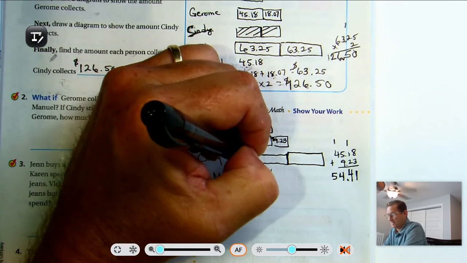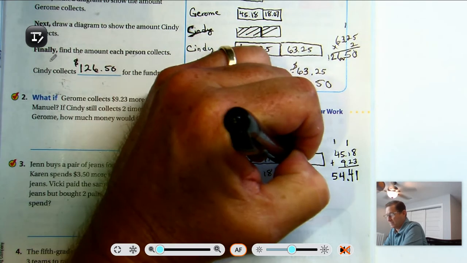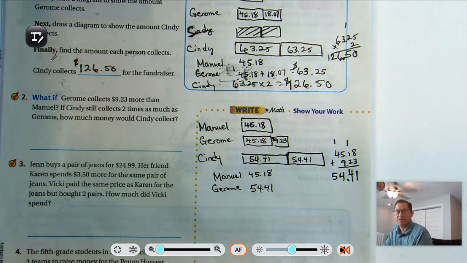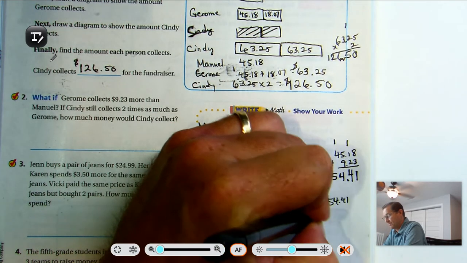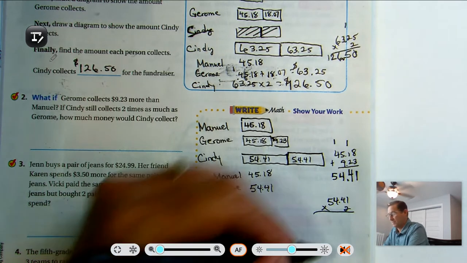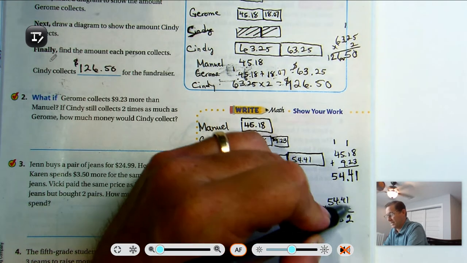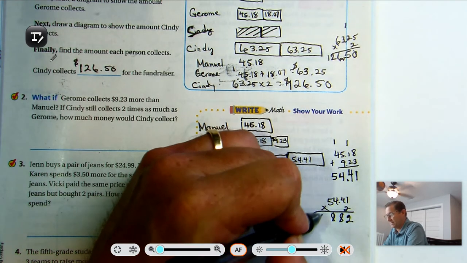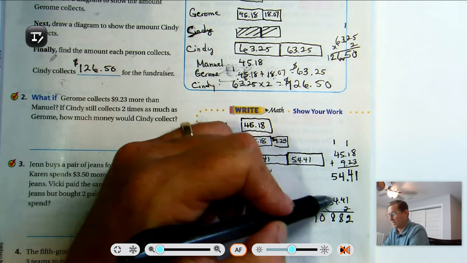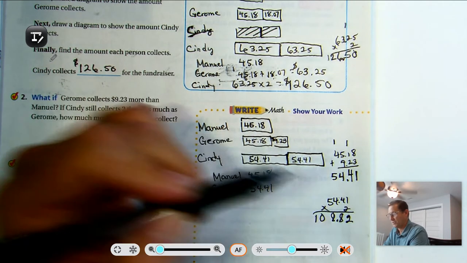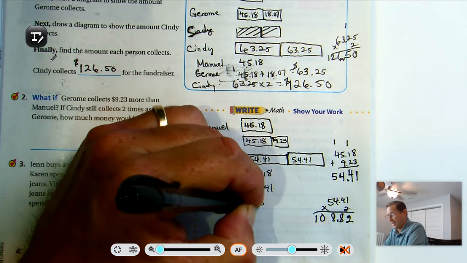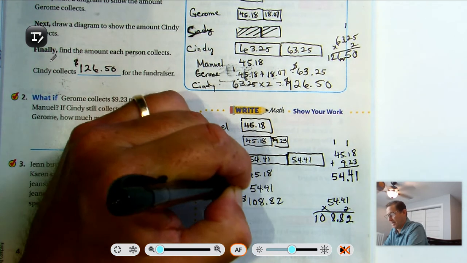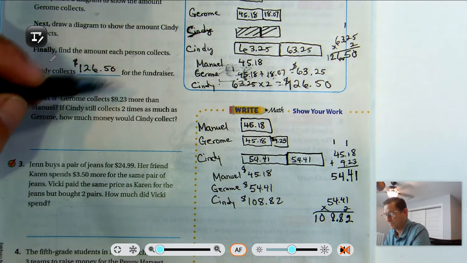So that means Cindy is twice as much as 54.41. 2 times 1 is 2, 2 times 4 is 8, 2 times 4 is 8, 2 times 5 is 10. We're multiplying a whole number by a number in the hundredths, so she collected $108.82 in this example.